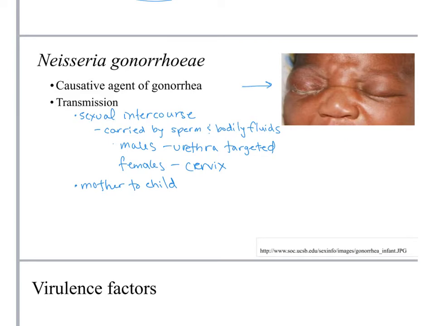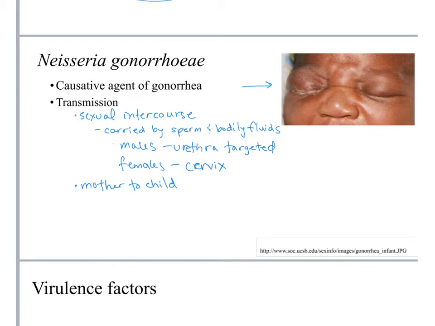We used to treat them with silver nitrate. It's a little bit more irritating than what antibiotics are. So typically we use some kind of antibiotic, like some kind of macrolide, like erythromycin or azithromycin, and put those drops in babies' eyes just to keep them from contracting gonorrhea during the birthing process.